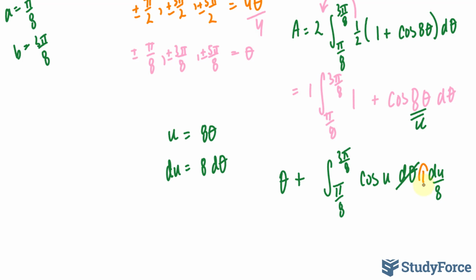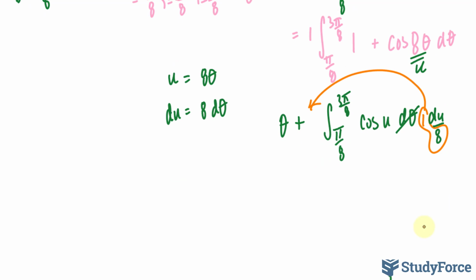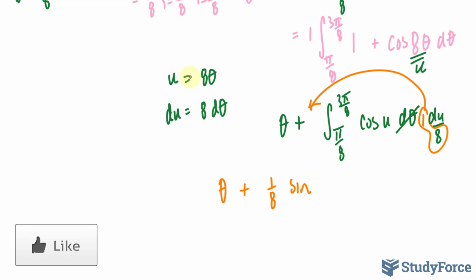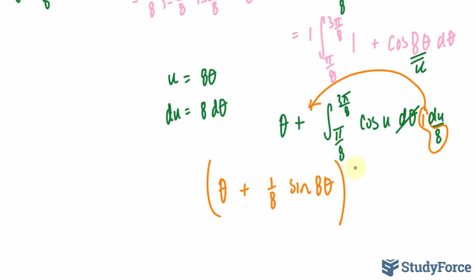I'll pull out this 1 over 8 outside, leaving us with theta plus 1 over 8 times the integral of cosine u, which is sine u. And remember, u is 8 theta, and we have to evaluate this at our upper and lower bounds.